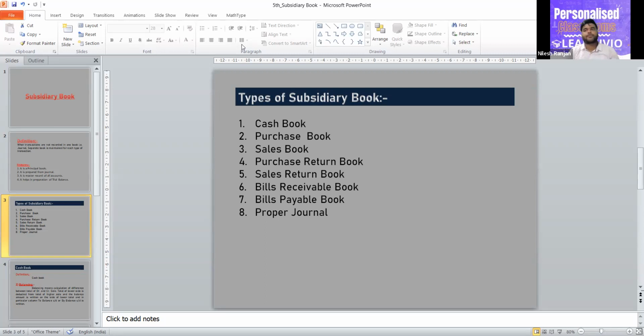Because the name of the asset is given, and for purchasing any asset, we write the name of the asset. We don't use the purchase word.